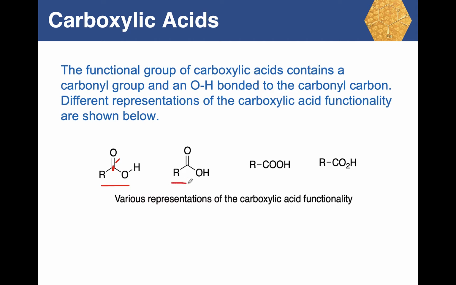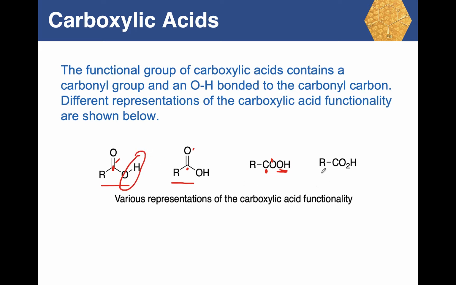Here's another, where this OH here is just written as OH. Another one that we'll see is COOH. So if given in this format, you should know that this is the carbonyl right here, carbon, and of course this oxygen is this, and here is our OH, which is really right here.